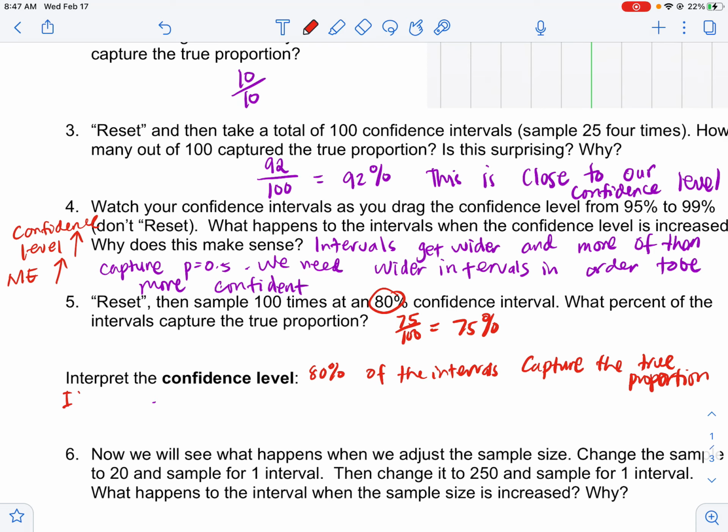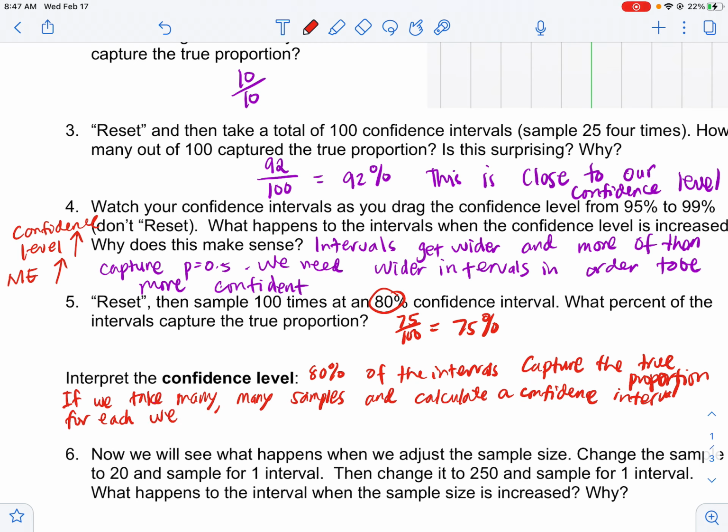If I have to describe that, I would say if we take many samples and calculate a confidence interval for each, we expect about, I said about because sometimes it gets 76, sometimes it's 75, sometimes it's maybe 81, about 80% of them to capture the true proportion, which in this case is 0.5.